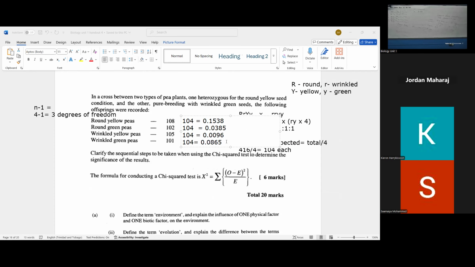And then we have to sum them. Somebody else could do it at the same time in case I add them wrongly. I got 1.0669. Just double check that one.